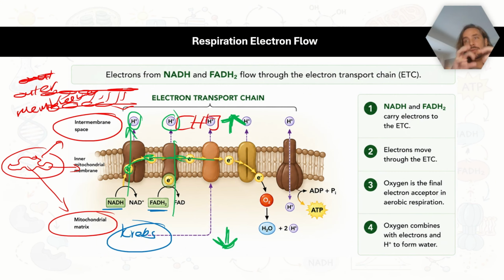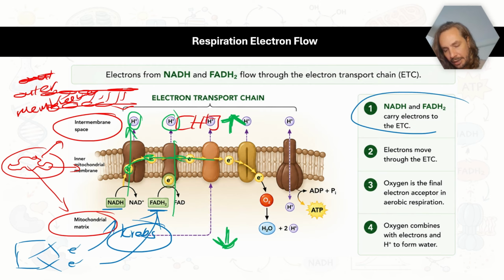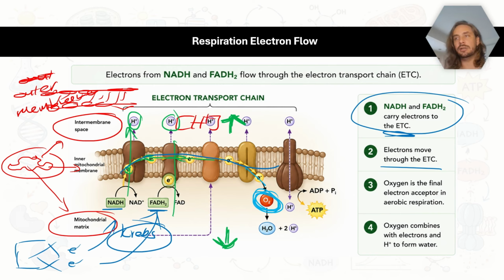Every time a chemical bond is broken, it releases those electrons, which are then carried by these two electron carriers. So they carry them to the electron transport chain. The electrons move through the chain, and then the final acceptor of the electrons here is oxygen.